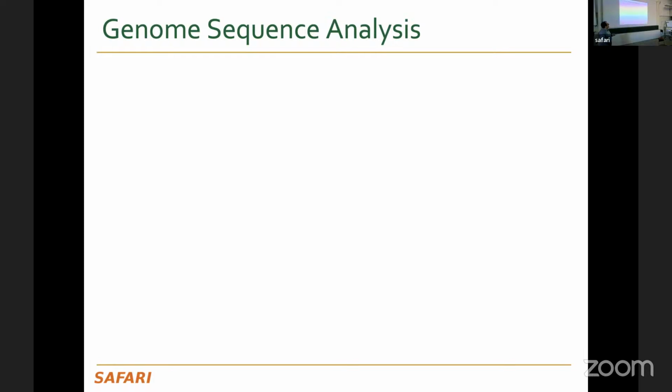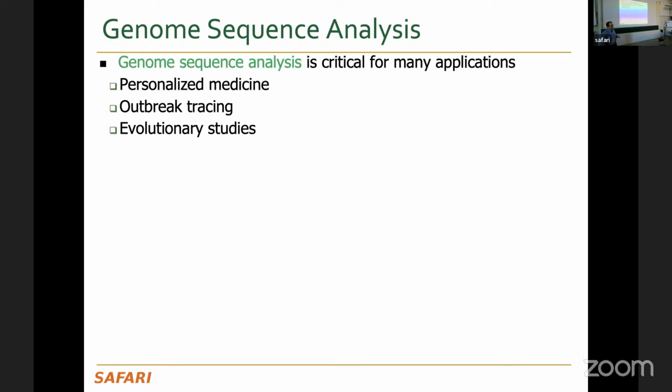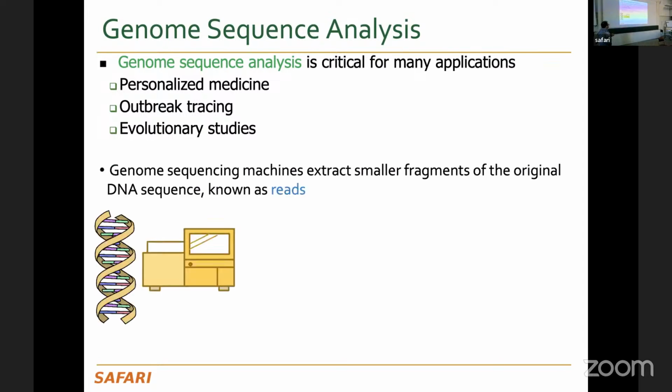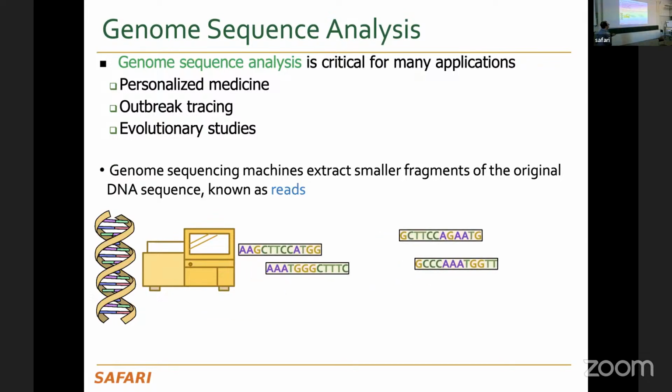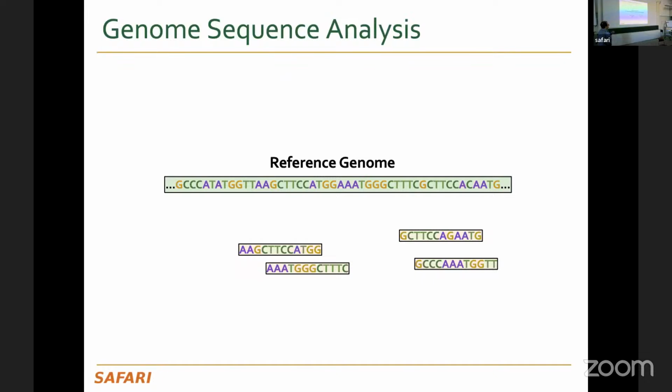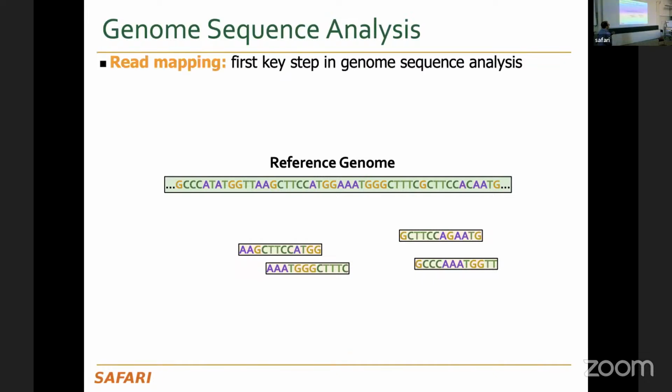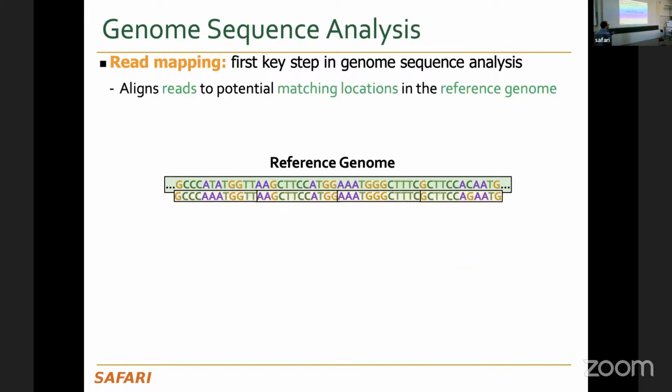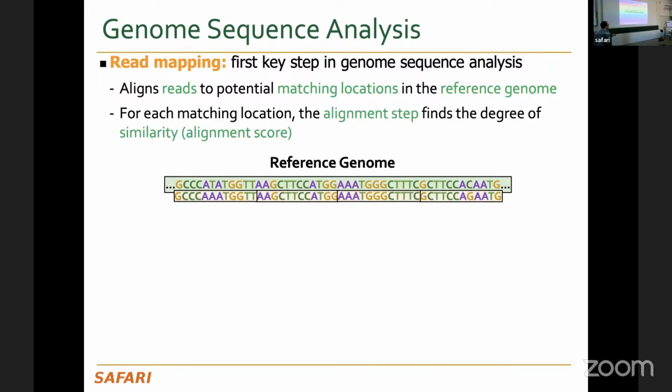Genome sequence analysis is critical for many applications, as you know, like personalized medicine, outbreak tracing, and evolutionary studies. Genome sequencing machines extract smaller fragments of the original DNA sequence known as reads. The first key step of genome sequence analysis, read mapping, is to align reads to potential matching locations in the reference genome.